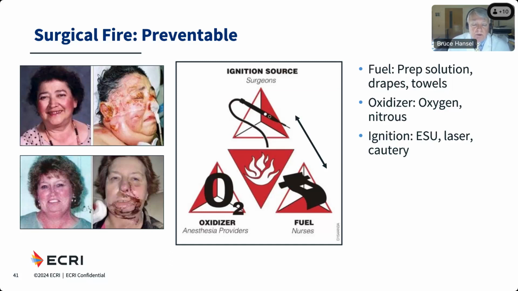The surgeon often can be involved in doing prepping, OR techs and nurses. So there's a little larger spread in terms of who might be handling those aspects of the fire triangle. But it comes down to communication in this fire triangle to actually prevent a fire. So let's go on to the next slide.